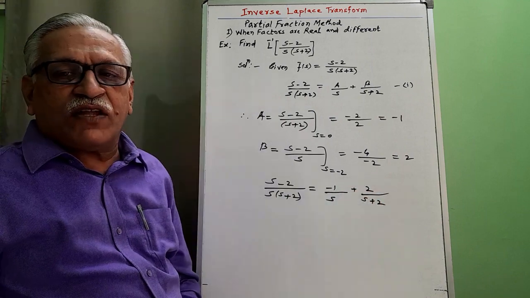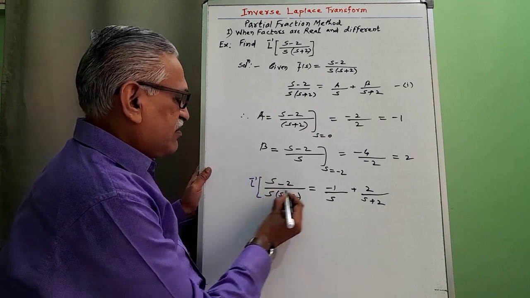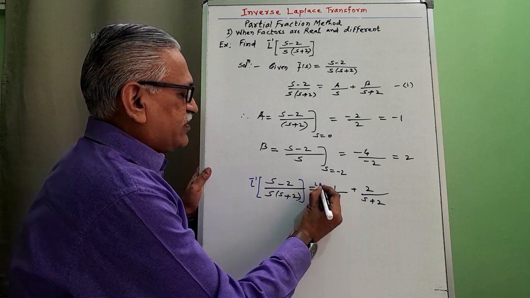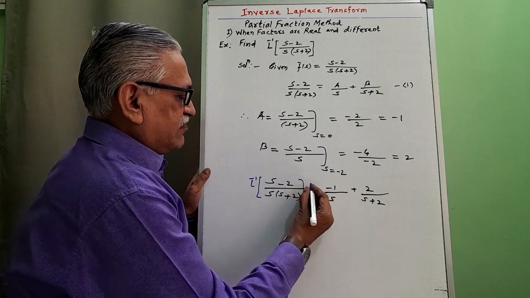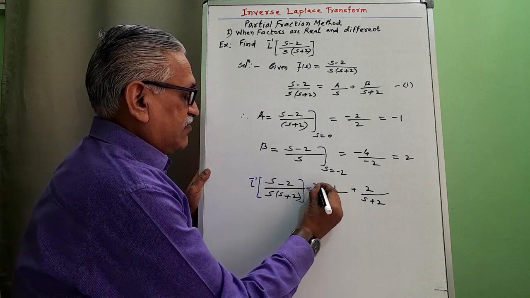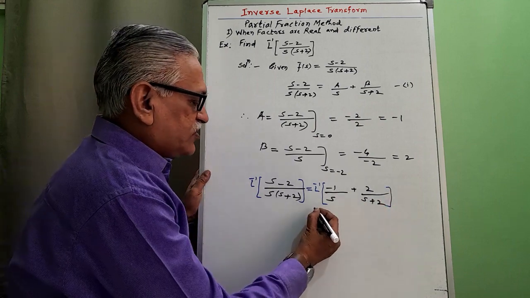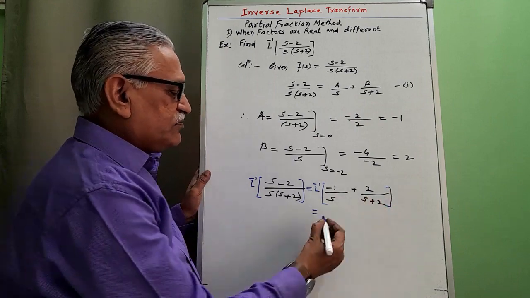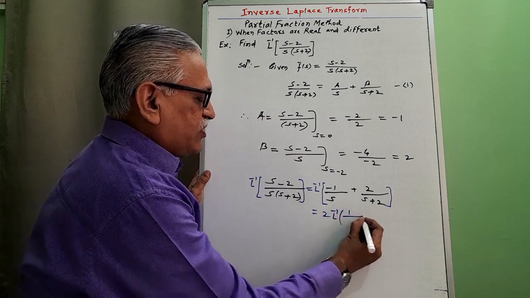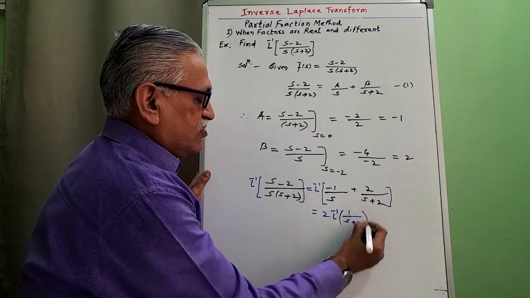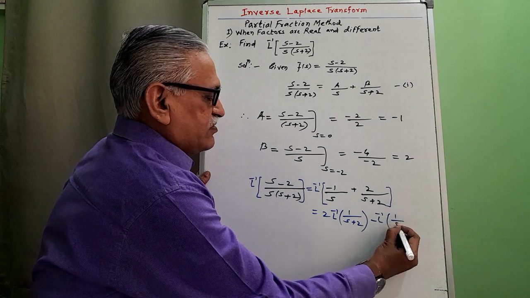Then taking inverse Laplace on both sides, the inverse of left hand side means the inverse of right hand side. Individual inverse of these terms, I will write down the first positive term first, therefore it is 2 times inverse Laplace of 1 upon s plus 2, and minus inverse Laplace of 1 by s.